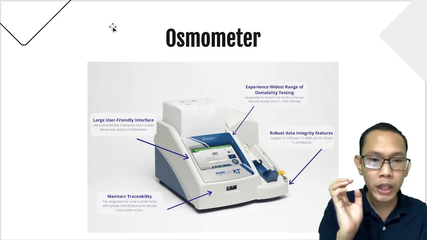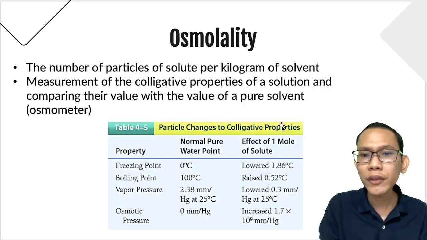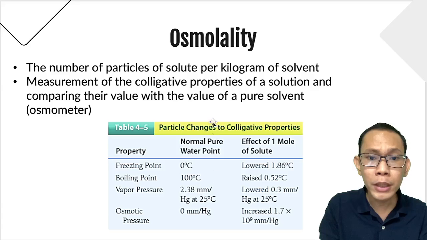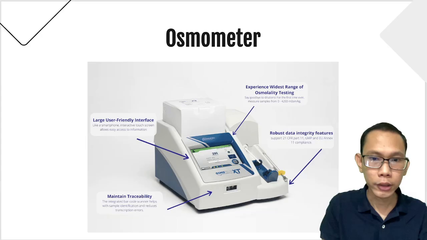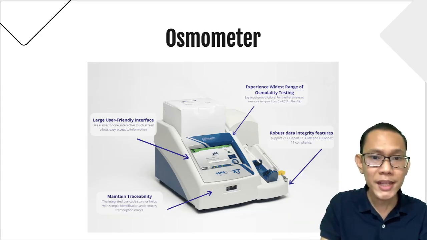But for here, I just want you to identify lang, importante lang sa osmolality for me, if you have to identify the changes sa ating colligative properties, kasi dito binibase yung specific gravity later on. Kine-compare siya sa ating normal pure water point, and which will be detected by our osmometer. Okay? Mula yung basic principle, based sa changes sa ating colligative properties.